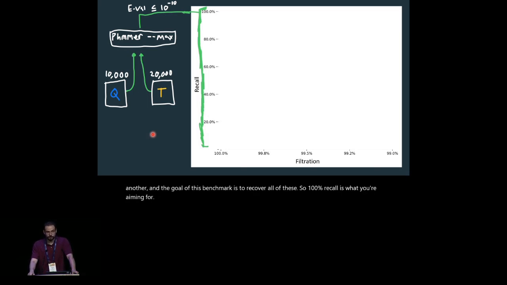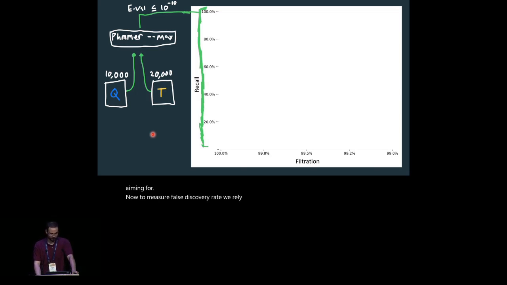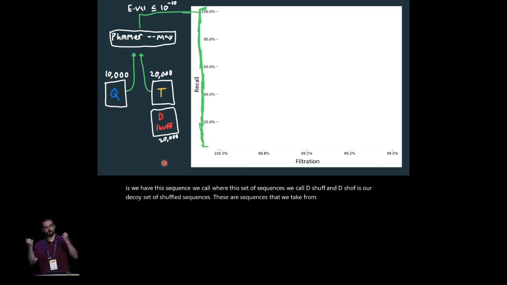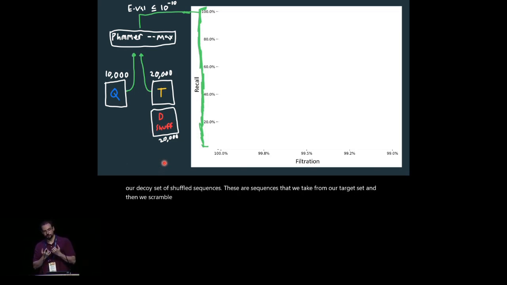Now, to measure false discovery rate, we rely on a fairly simple benchmark. What we do here is we have this set of sequences we call D-shuff. D-shuff is our decoy set of shuffled sequences. These are sequences that we take from our target set, and then we scramble the contents of those sequences.